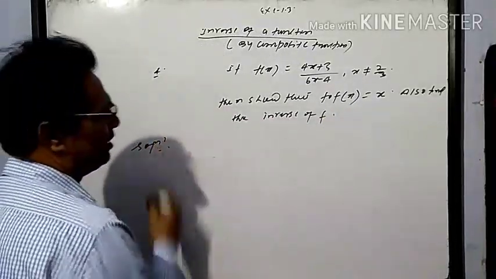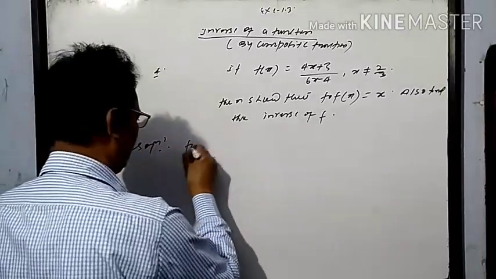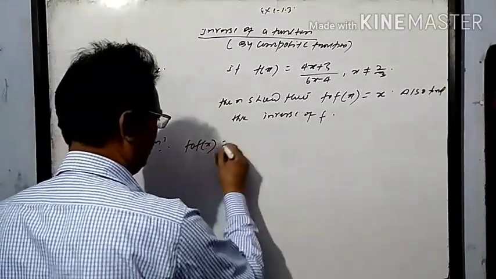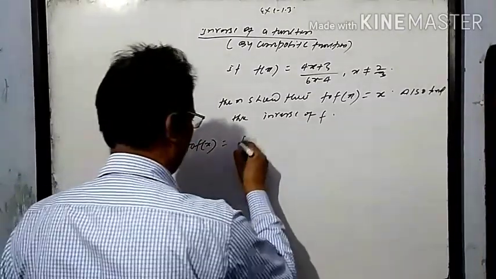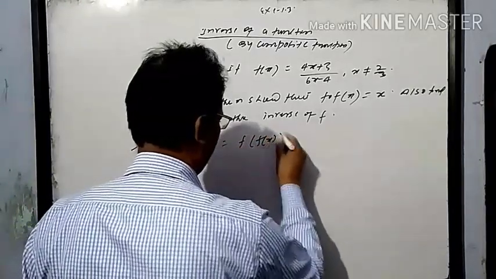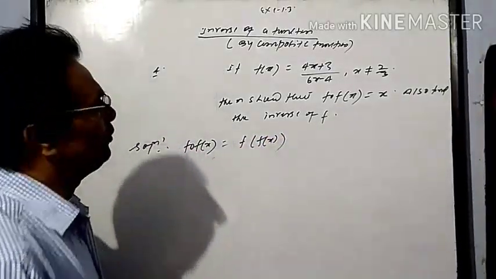Solution: f composite f of x is equal to f of f(x), according to the definition of composite function.